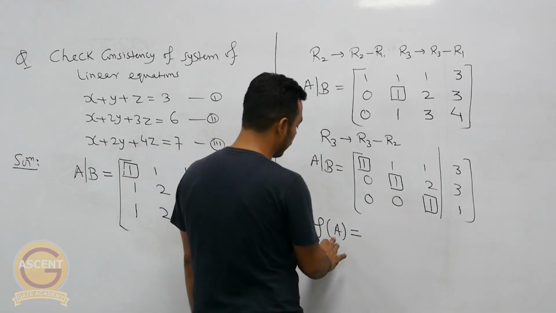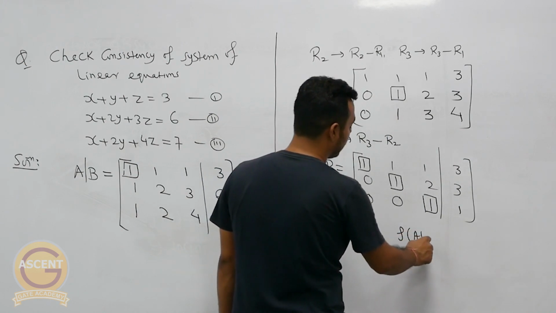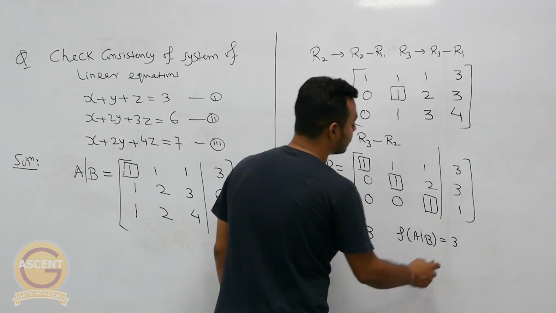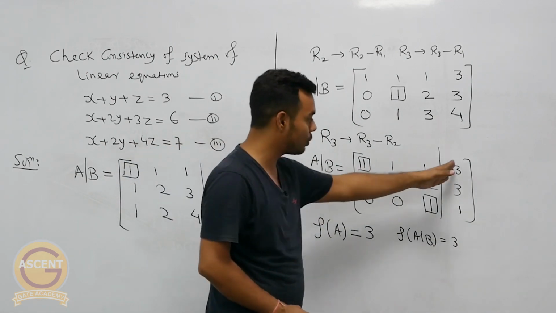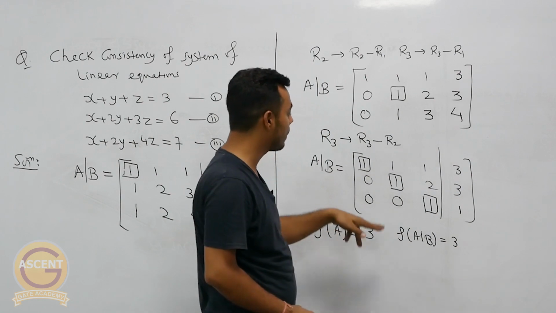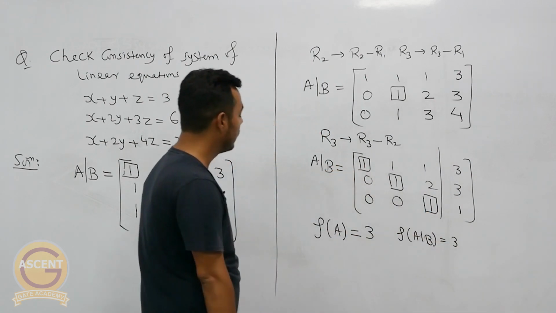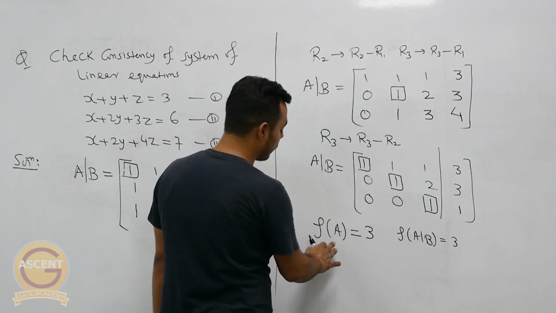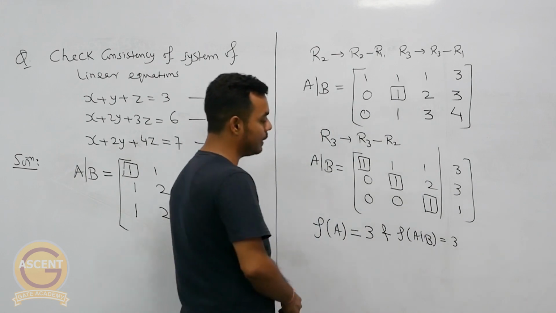So the rank of coefficient matrix A will be 3, and the rank of augmented matrix A by B is also 3. For matrix A by B you have to consider this fourth column also. So all these three rows are non-zero rows. You have one here, one here. So since rank of coefficient matrix A is 3, rank of augmented matrix A by B is also 3.